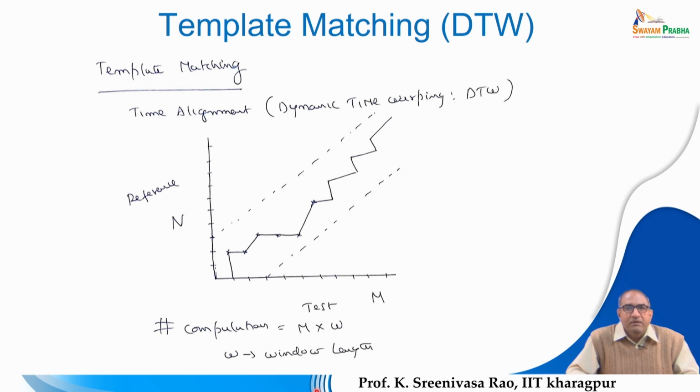Speech recognition tasks include isolated word recognition, connected word recognition, and continuous speech recognition. In isolated word recognition, given a speech signal, you need to find out what word that signal carries.